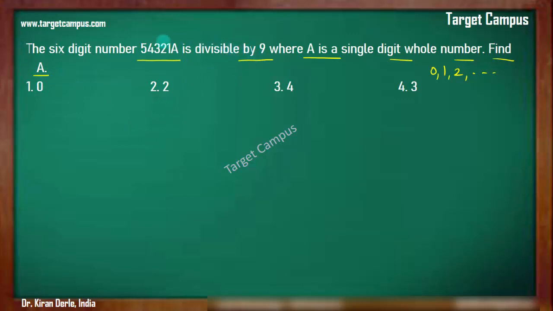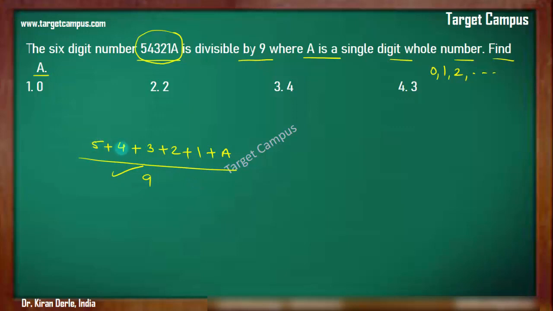Now we know if this number is divisible by 9, that means the sum of digits should be divisible by 9. So the sum of these digits should be divisible by 9.